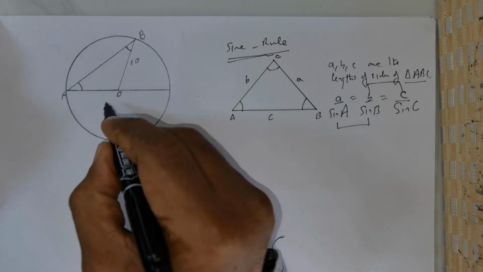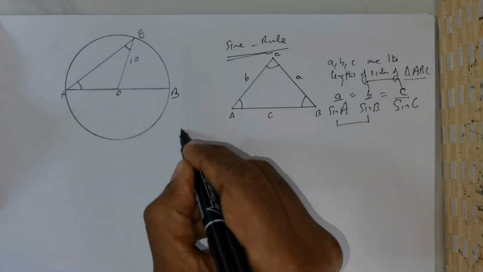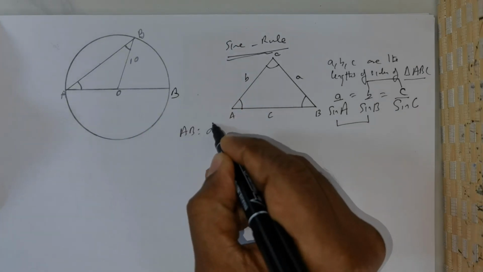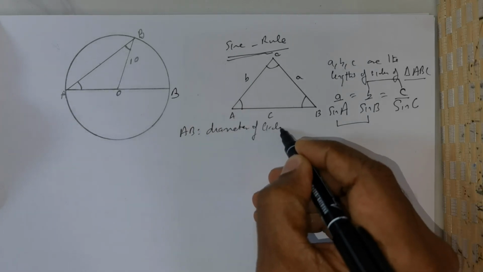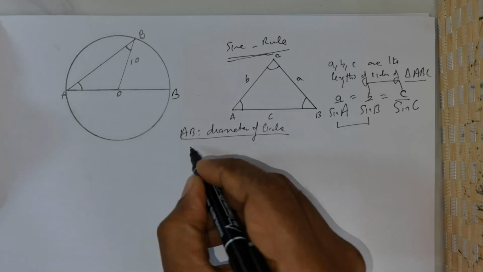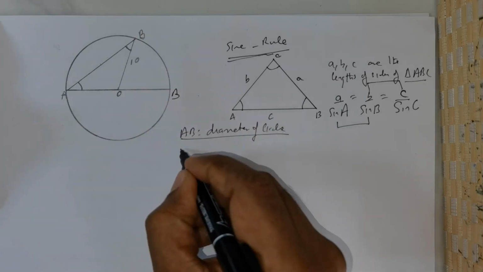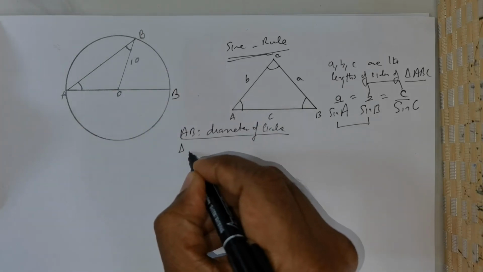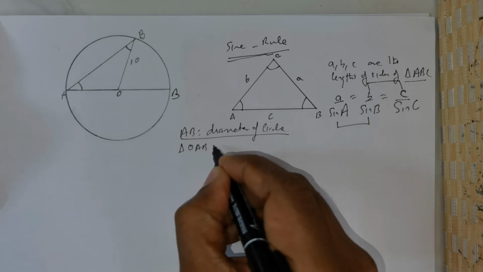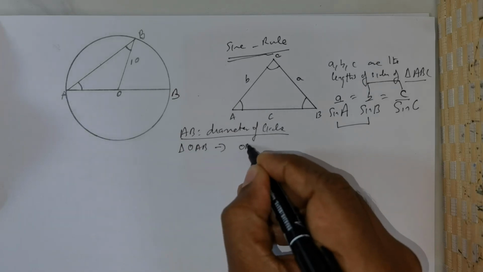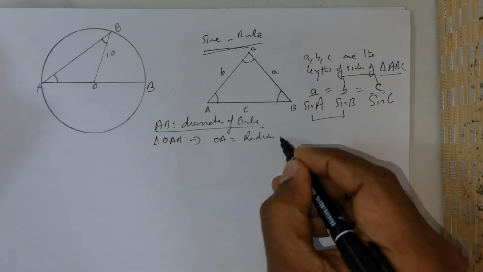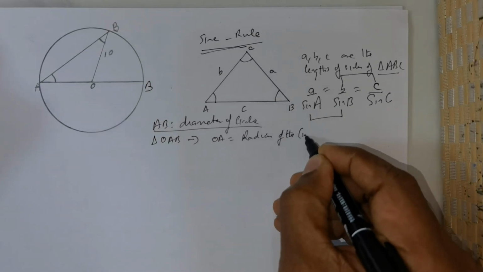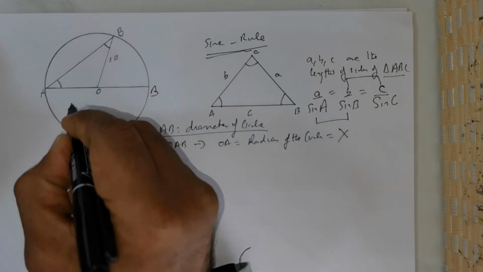I got AB to be the diameter of a circle, and I have a triangle here, triangle OAB, such that OA is the radius of the circle and I do not know the radius.